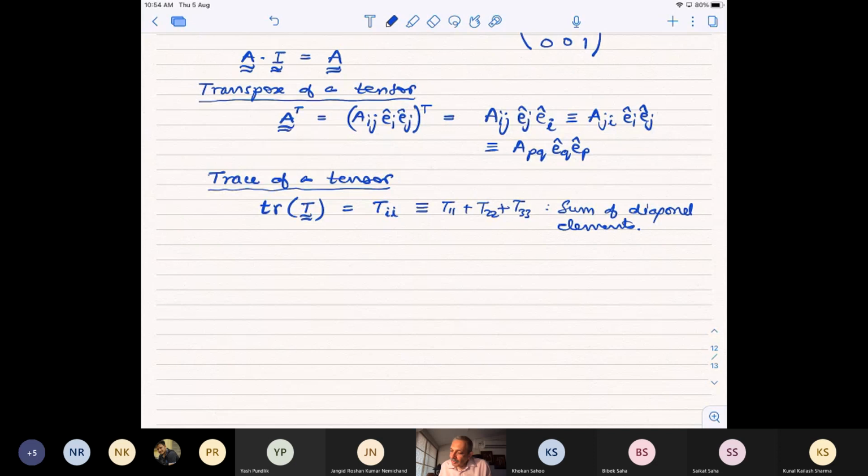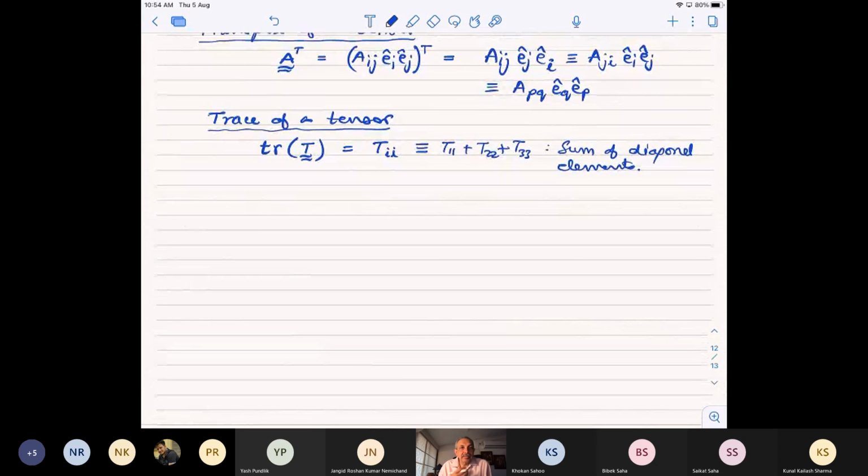Now, once we know all these things, I can tell you a couple of identities. Identities means that they are true for all tensors. One identity is that the trace of T is just equal to T double dotted with I. If you take the double dot product of T with the unit tensor, that is the same as taking the trace.